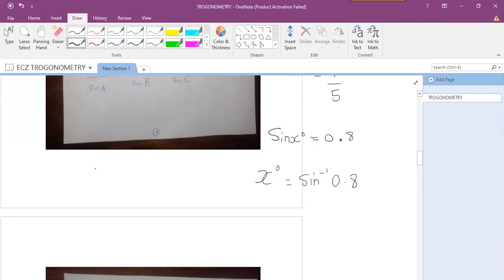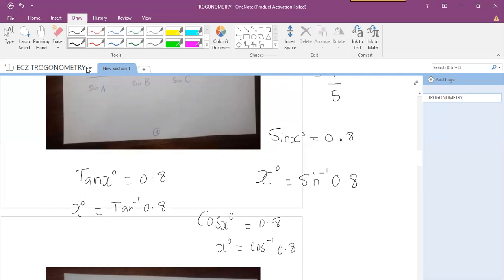If it was like this, tan x degrees is equal to 0.8, it would have been x degrees is equal to the inverse of tan 0.8. If it was like this, cos x degrees is equal to 0.8, we would have said x degrees is the inverse of cosine 0.8.